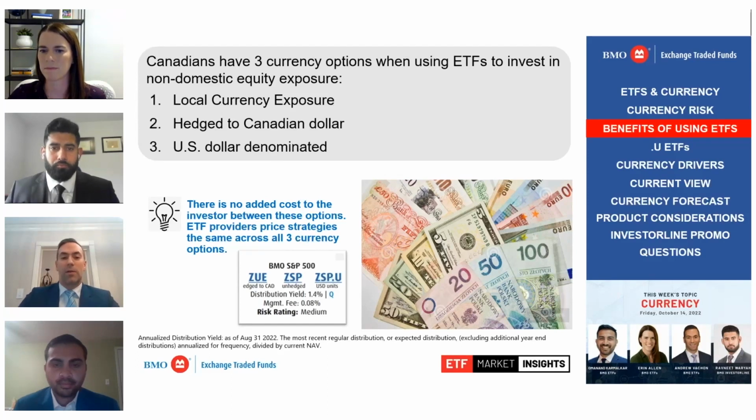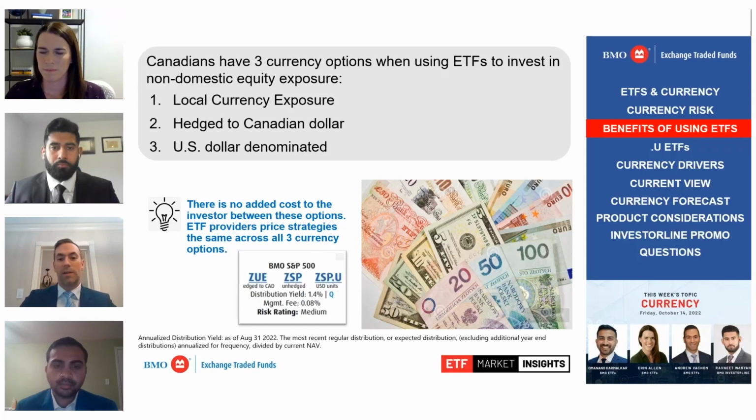Or maybe they'll want to access a particular index and not have to worry about the currency fluctuations, so they'll go hedged. And finally, if an investor just holds, say, US dollars, they can purchase the US dollar ETFs that trade in Canada. BMO's S&P 500 ETF, as an example here, is the largest US equity ETF in Canada.